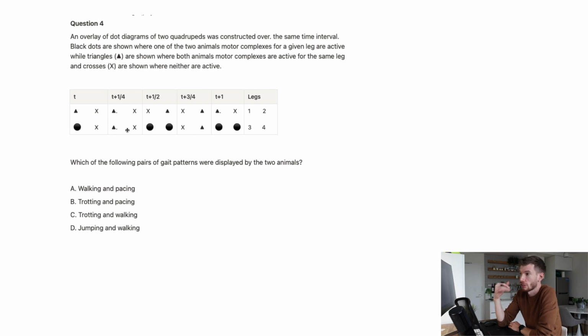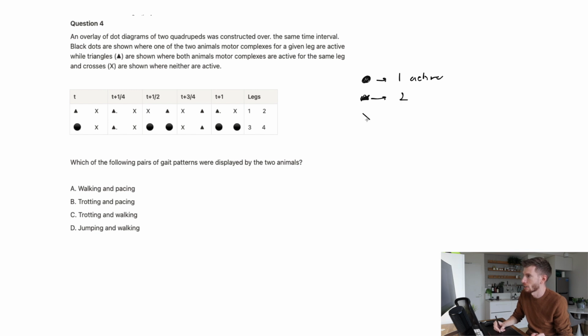So there's a lot to take in there, but basically it's just setting up the rule where we've got, I'll do it in black actually. So we've got dots. It just means one active, one of the 2 animals, but we don't know which of the 2. Triangles is going to be both. And then crosses means none are active or being used in that leg. So which of the following pairs of gait patterns were displayed by the 2 animals?